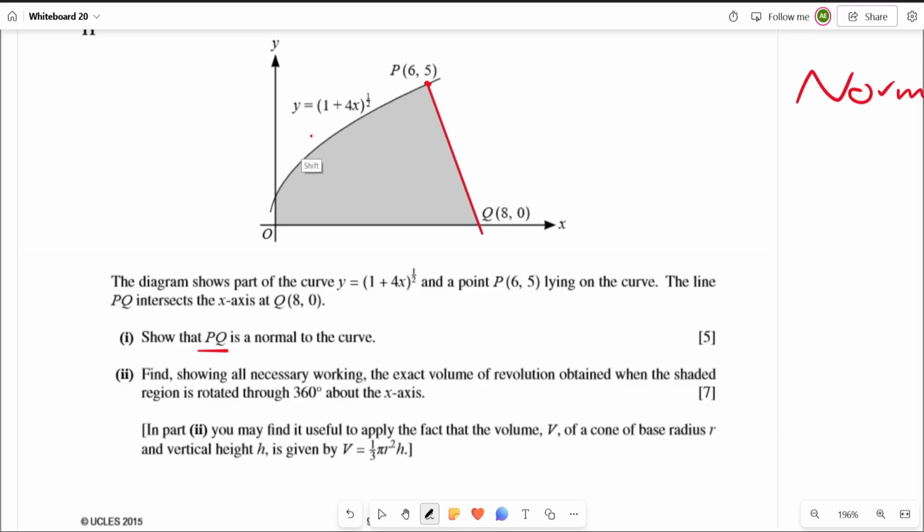So if we draw a tangent to the curve at point P, that's how we should think about it: we're trying to show that this tangent line is perpendicular to this line PQ. Alright, so this is my objective. How do I show that they're perpendicular?